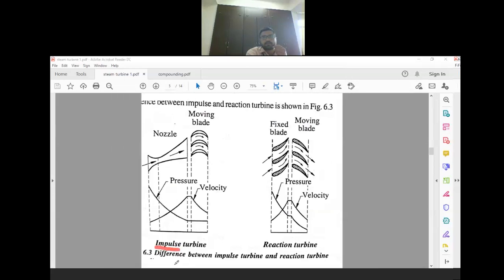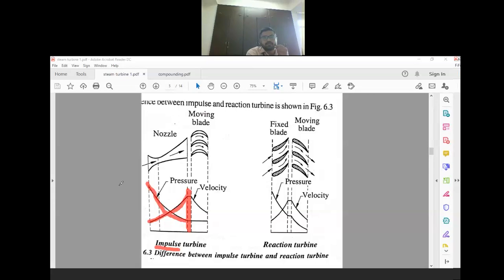Here in impulse, before entering the turbine blade, if in nozzle we are converting our total pressure into velocity before entering the blade section, then that is basically known as impulse turbine.